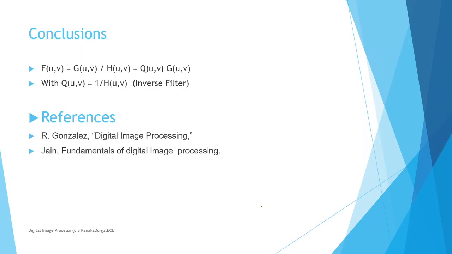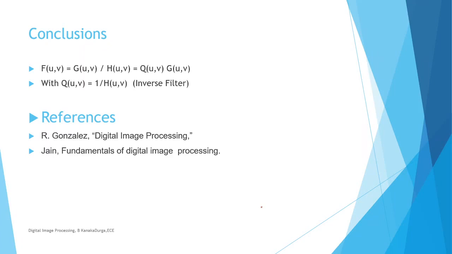So the conclusion: the mathematical equation for inverse filtering is F(u,v) equals G(u,v) divided by H(u,v), where the inverse filter is represented as Q(u,v), equal to 1 by H(u,v). The problem arises if H(u,v) is equal to 0.